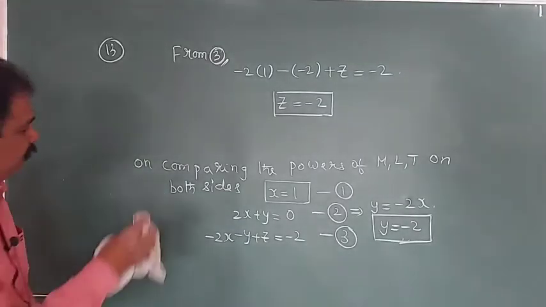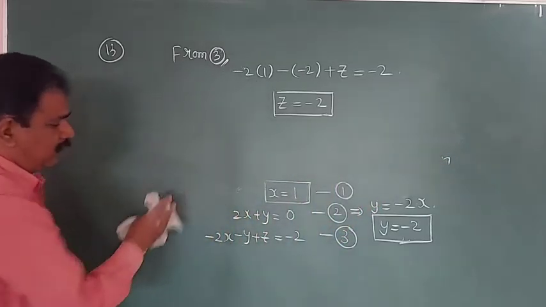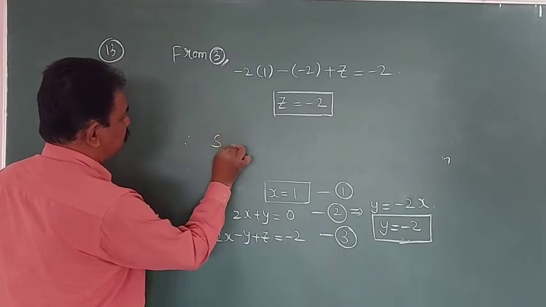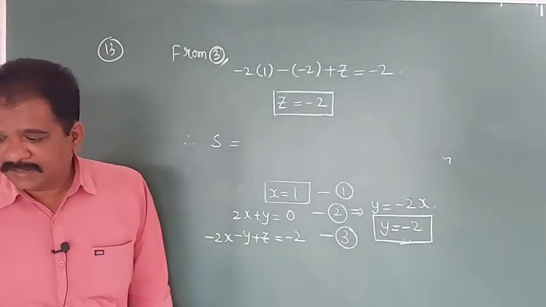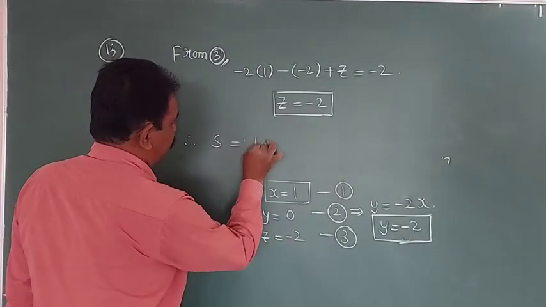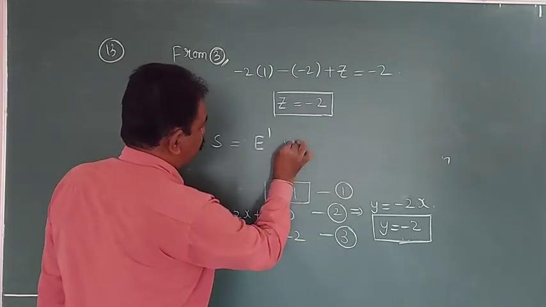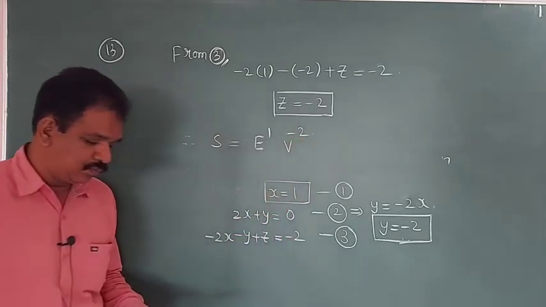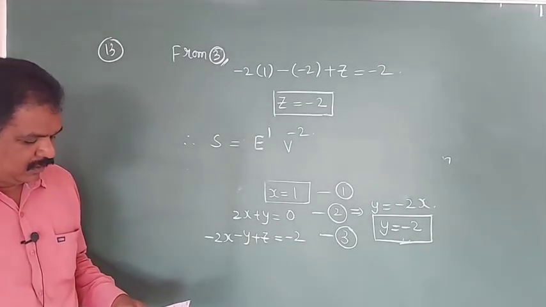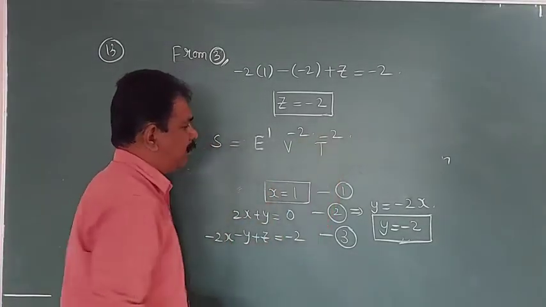Then write the equation. Equation 1 what they are giving. Therefore, S is depending on energy E power x, velocity v power minus 2 and t power z, means t power minus 2.